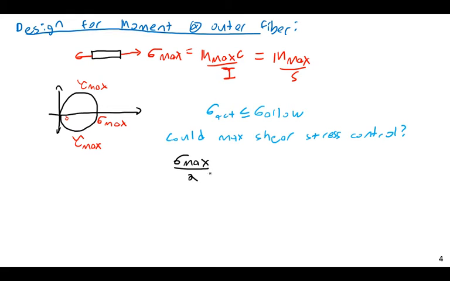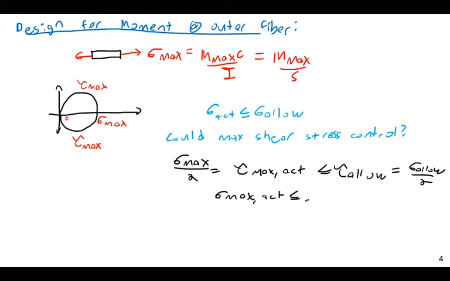Sigma max over 2 is going to be tau max actual, which is less than or equal to tau allow, which is equal to sigma allow over 2. In other words, sigma max actual is just less than or equal to sigma allow.